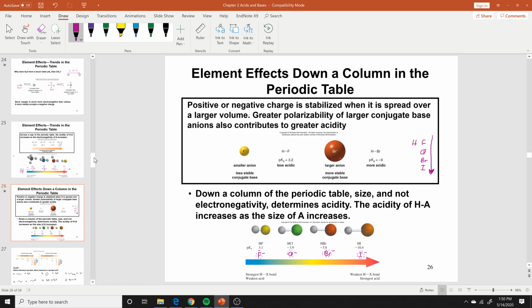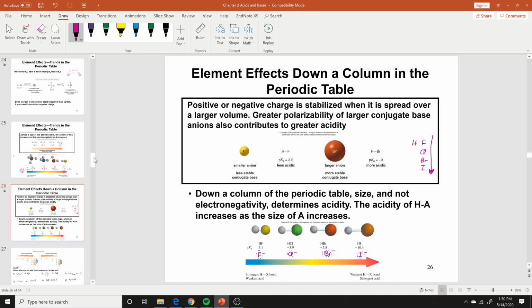The bigger the anion, the more space the electrons are spread over. So this charge is delocalized over a larger surface area, which stabilizes the anion. So that I minus now is going to be very stable because the negative charge is spread over a larger surface area. Then the Br, then the Cl negative, then the F negative over there.